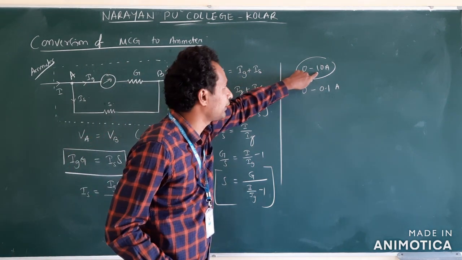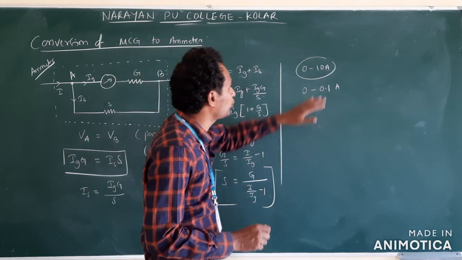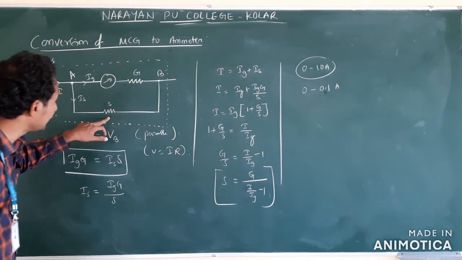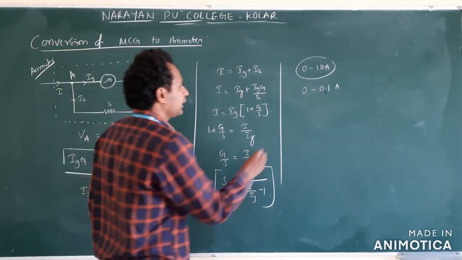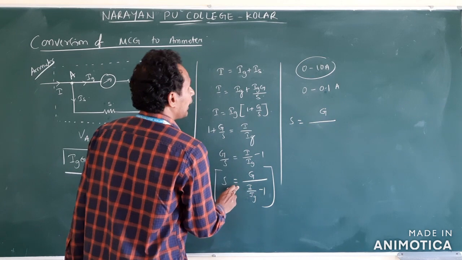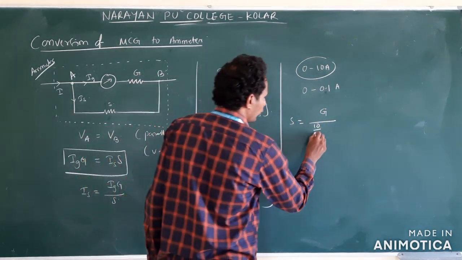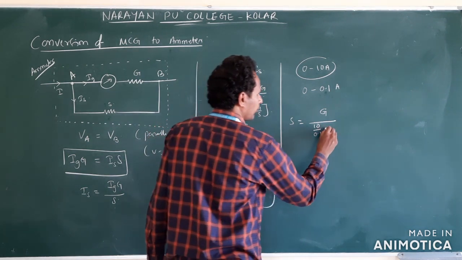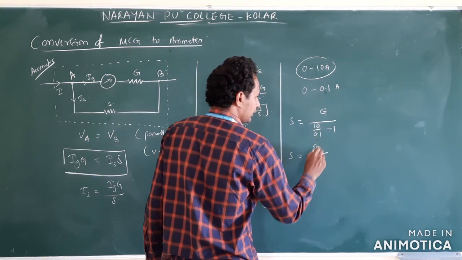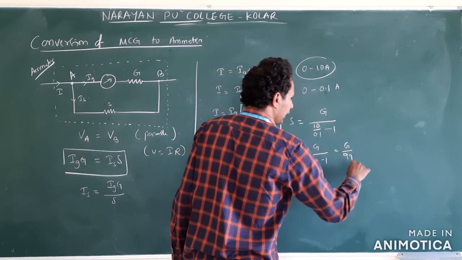Yes, change. Now we are interested in making the galvanometer measure 0.1. What do we need to change? Yes, we need to change S. So how do we get it? S is equal to G by (I by Ig minus 1), with I by Ig as 10 by the new value 0.1, minus 1. S is equal to G by, this is 100 minus 1, G by 99.